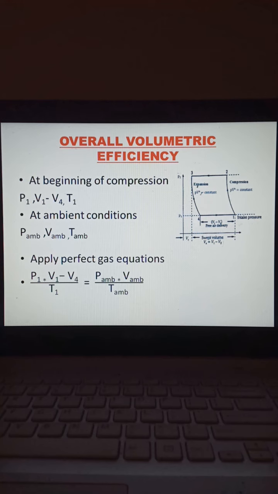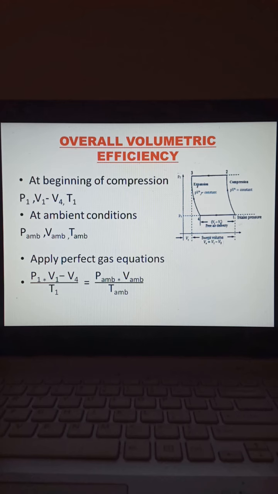P1 is the pressure, T1 is the temperature, and V1 minus V4 represents the volume, because this much volume is drawn into the compressor. And at ambient condition, Pam, Vm, Tm represent the pressure, volume and temperature of the ambient condition.